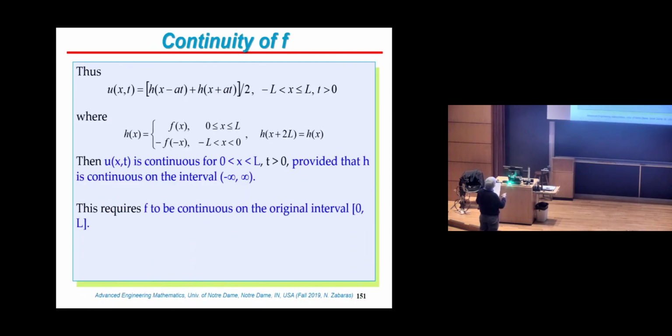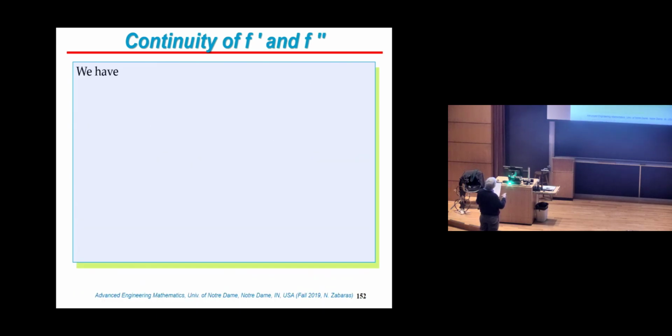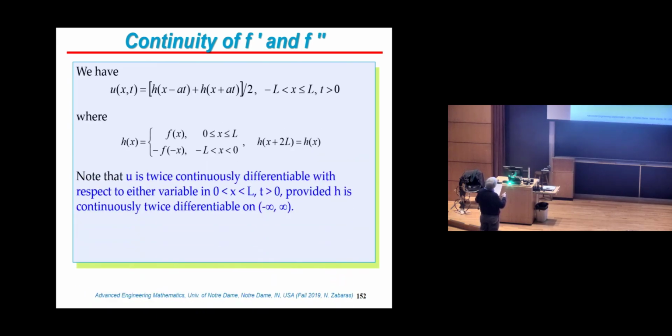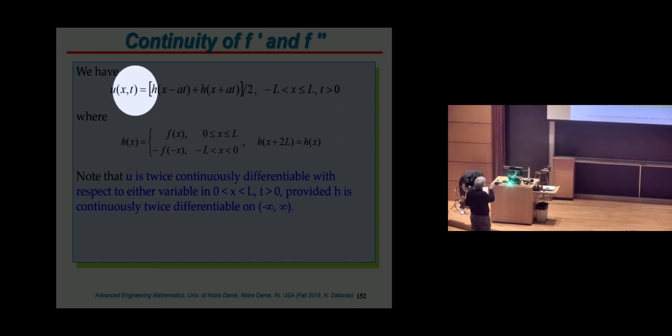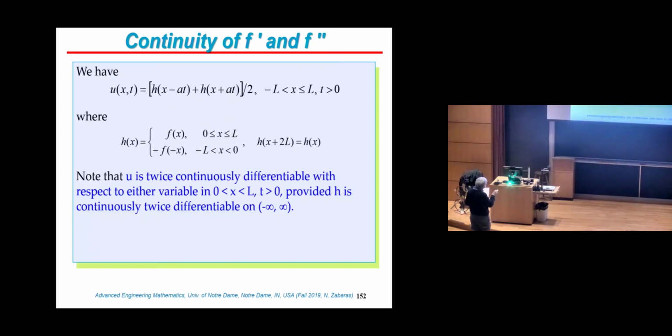I'm going to give you rapidly what the conditions are. Basically, extremely mild conditions, right? So you need to be able to take two derivatives of this, to apply them to the differential equation. So h has to have two derivatives.